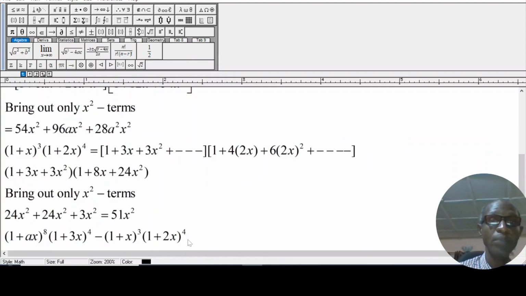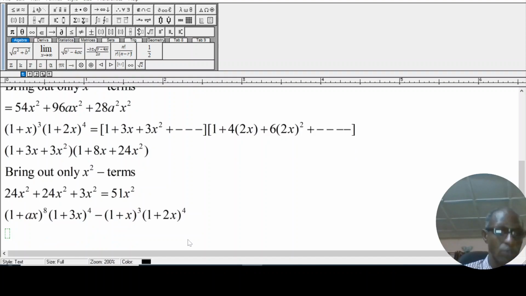Just the x squared terms. That's what we are considering. We are not bothered with other terms.